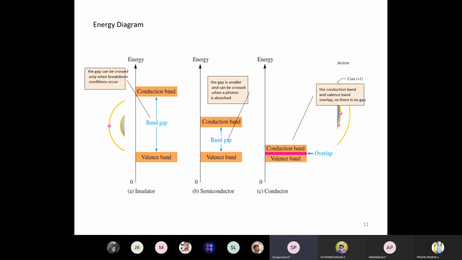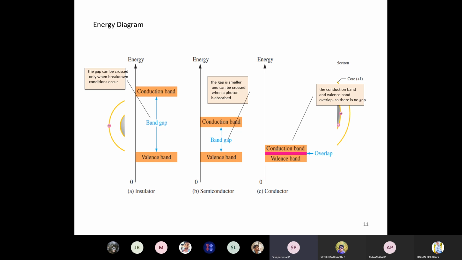Here it is 4, this one also 4, and here a different one valence electron. Depending upon the structure we are designing, the valence electron as well as the core region should vary. The core region here is +4, here also +4, and here only +1 appears.